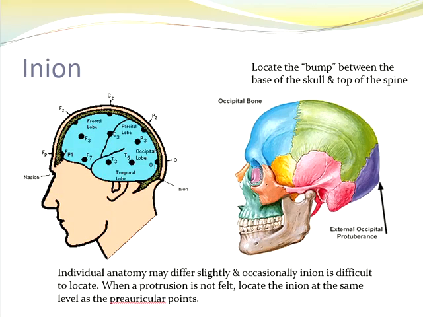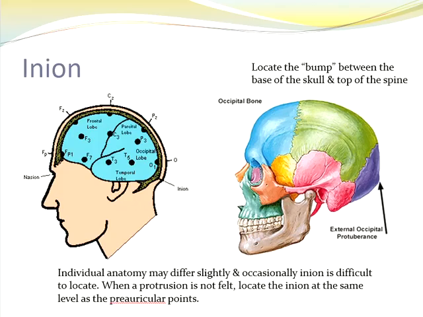The Inion is on the back of the head, and it's kind of this bump on the back of your head. It's where the skull bone ridges before it comes back in. If you put your hand on the back of your head, you'll feel a ridge, and if you don't, put your hand there slightly and move your head up and down a few times, and oftentimes that ridge will find itself on your finger.